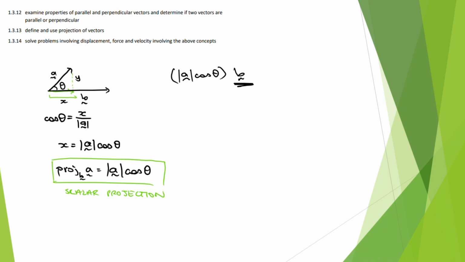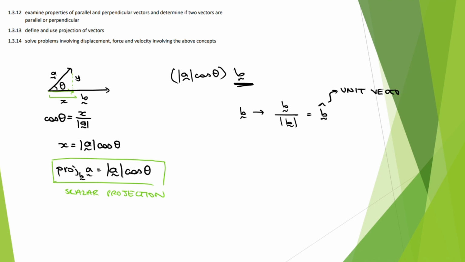Okay? Now, in order to get a vector B that has a magnitude of 1, what I'm going to need to do is divide my vector B by the magnitude of B. Okay, and if I divide by the magnitude of my vector B, then I get a vector in the direction of B with a magnitude of 1. And I can represent that as B with a little hat on it. This is referred to as a unit vector.